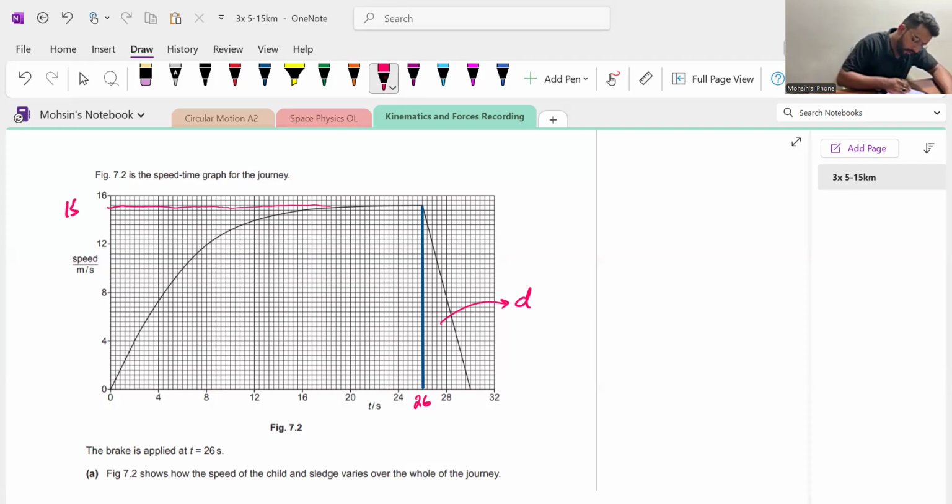So it is 15.2. So height is 15.2, base is from 26 to 28, and 1, 2, 3, 4, 5. So it will be 30. So 26 to 30 is 4. So base is 4 and height is 15.2.